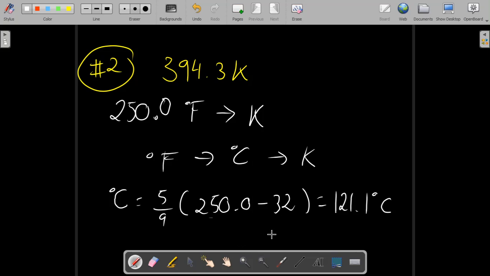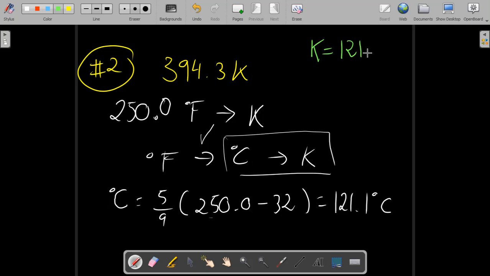Are we done? No, we are not done. We just have done this right here. We still have to do this part right here. We need to go from Celsius to Kelvin. I'm going to pick up a different color so I can do it here in the corner. But the formula for finding Kelvins is the Celsius, so the number we just found, 121.1, and you add 273.15.